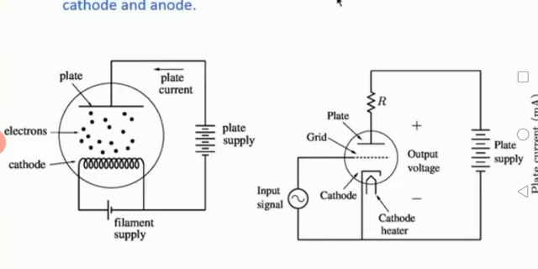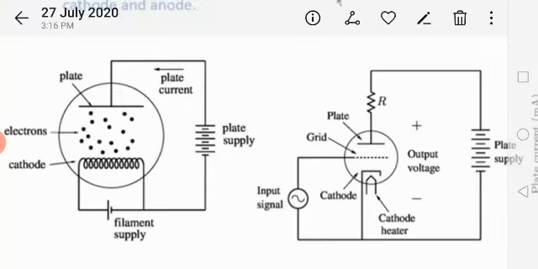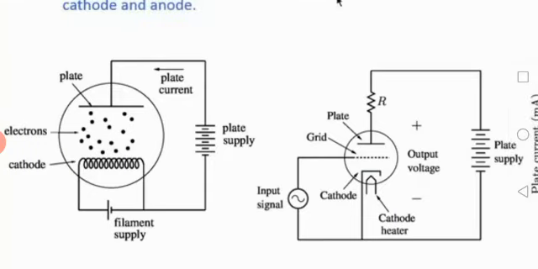So at that temperature it emits the electrons, and those electrons are attracted by the positive potential of the plate. You can see the plate is having the positive potential because we have applied the positive voltage at the plate or anode. This is also called the anode.